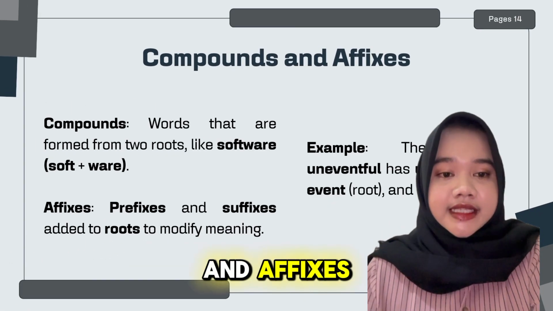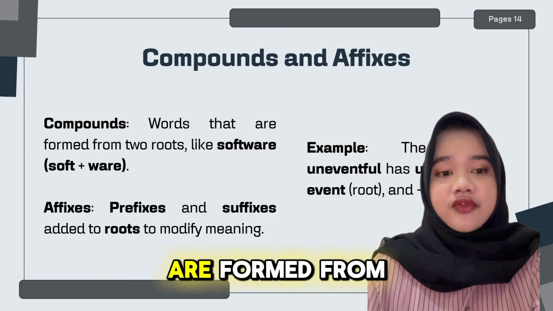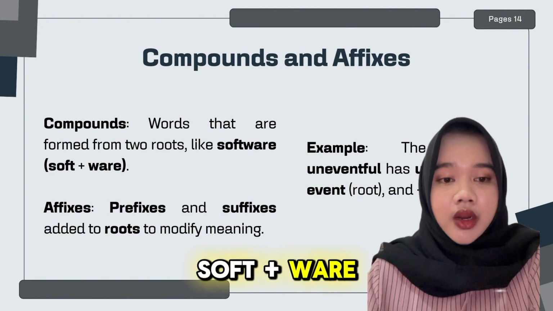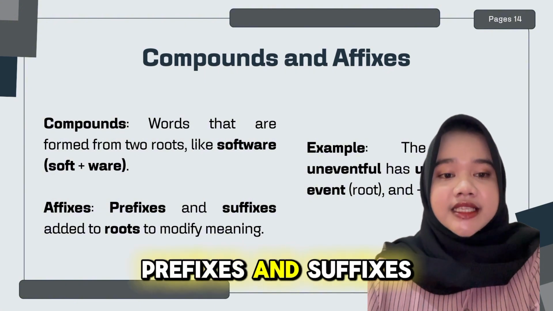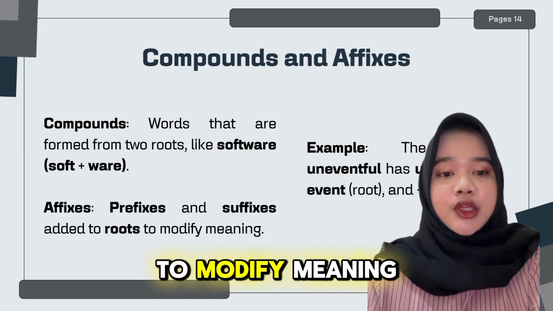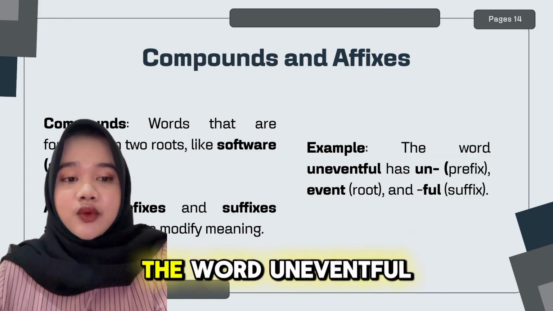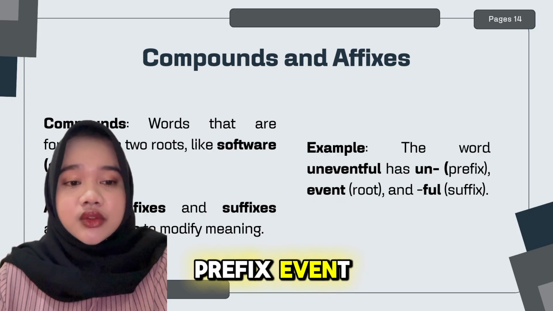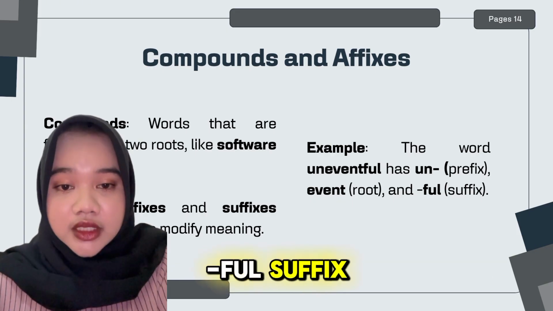Compounds and affixes. Compounds are words that are formed from two roots, like software, soft plus ware. Affixes, prefixes and suffixes, are added to a root to modify meaning. For example, the word uneventful has un, prefix, event, root, and ful, suffix.